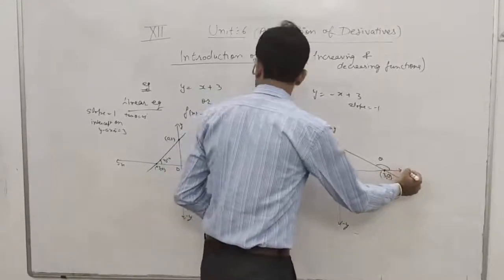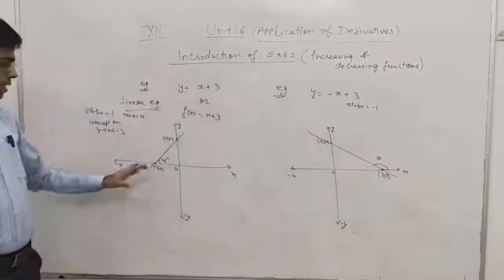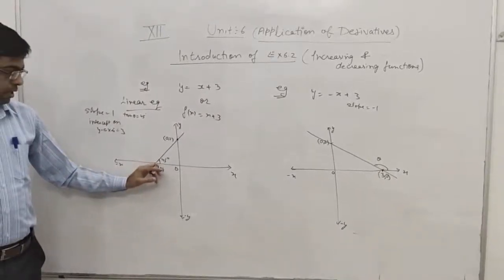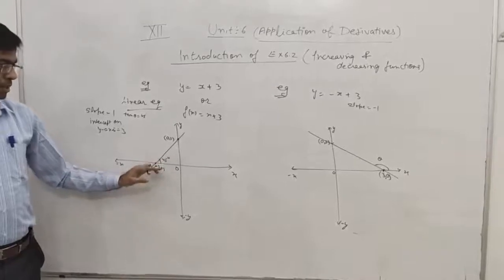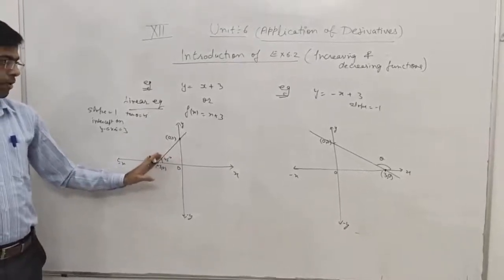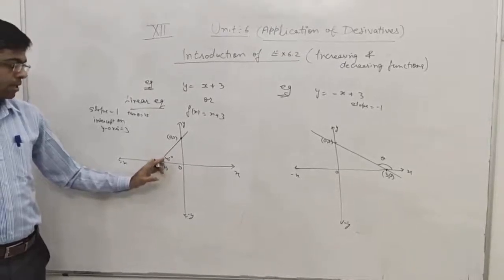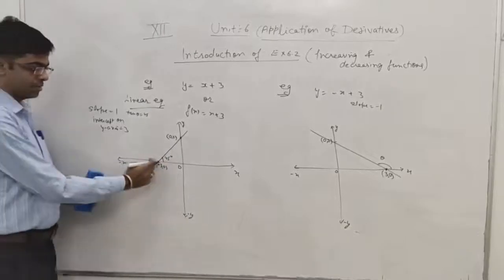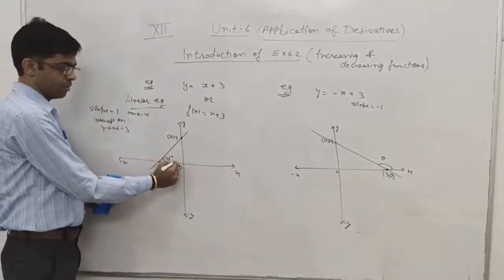This is y, negative x and x. So we can see that when we are increasing the value of x, that is, when we are moving from left to right, increasing means here is minus 3, here will be minus 2, then minus 1, then 0.